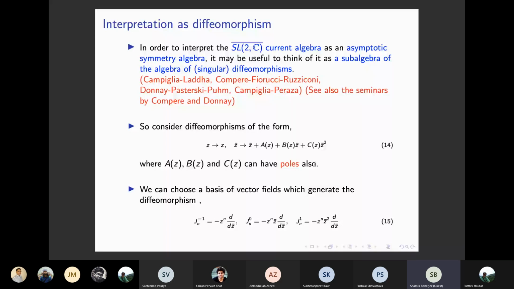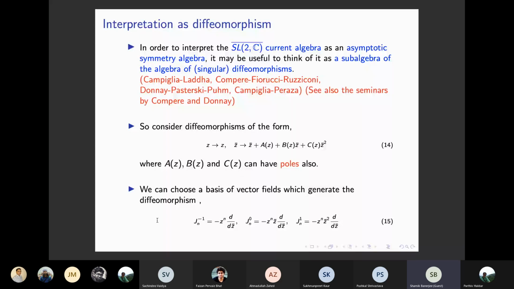Now in the literature they actually talk about smooth diffeomorphisms, but if you look at the scattering amplitude, then what you will see is that you must have these az, bz and cz as singular, so they can have poles, and that's an important point. So they can't really be smooth.